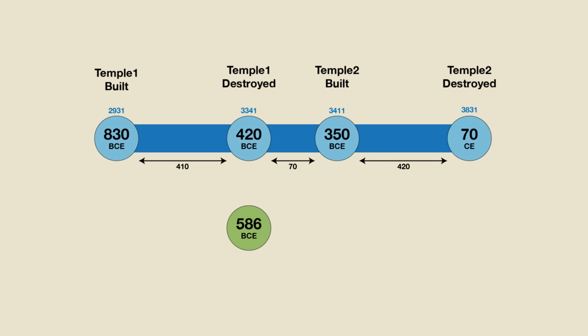So if the destruction of the first temple was in 586, we can safely assume that the construction of the second temple was sometime around 516 BCE, which leaves us with the fourth and final date.